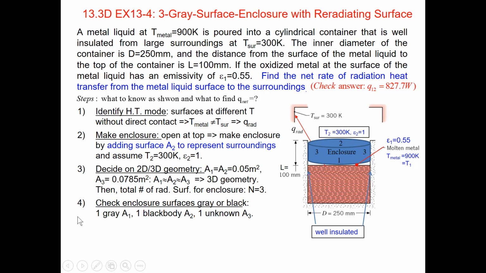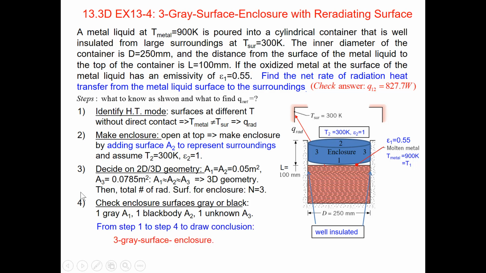Step 4. Check enclosure surfaces on whether they're gray or black. We have one gray surface A1, one black body surface A2, and one unknown surface A3.